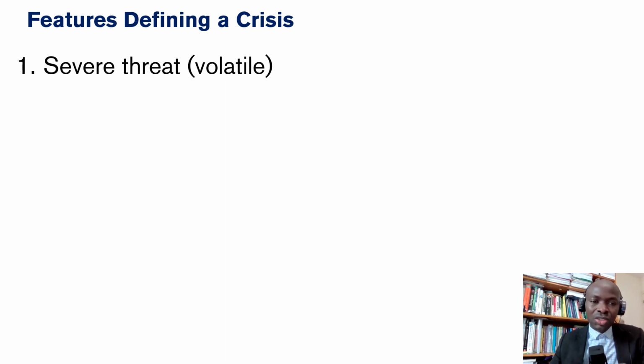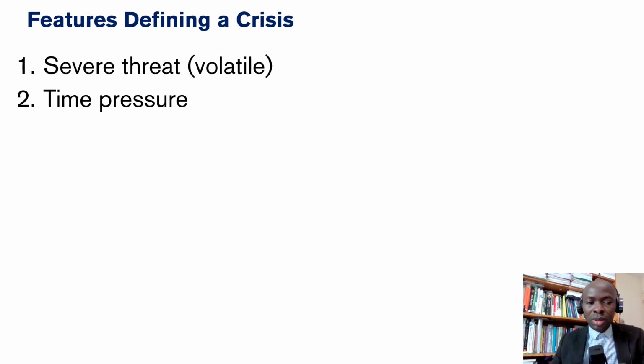So you start to know that you need to make that quick, bold decision at the time of that particular situation. So severe threat or volatility is one major point that features as a defining characteristic of crisis.